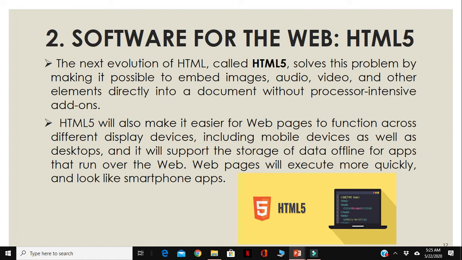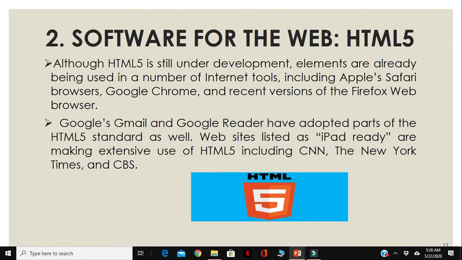HTML5 also makes it easier for web pages to function across different display devices. A document prepared in HTML5 automatically detects the type of device the user is using, and it automatically formats the document according to the display available to the user. So that is the main advantage of HTML5.